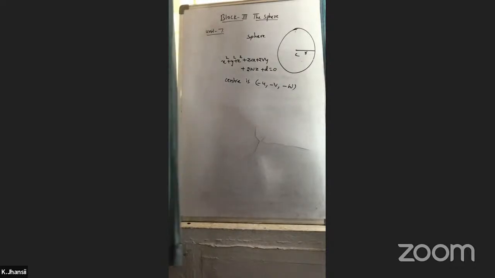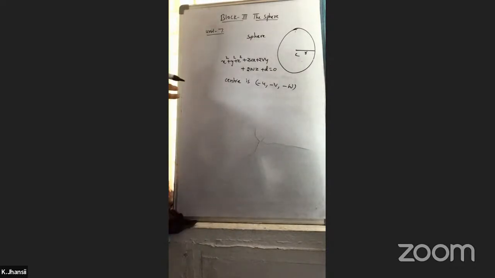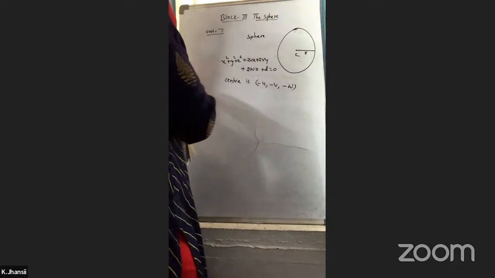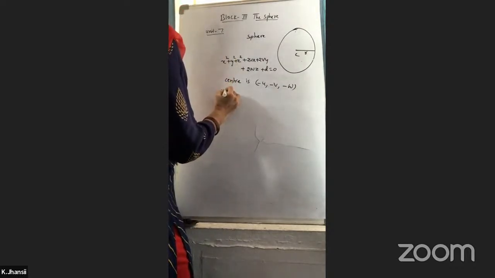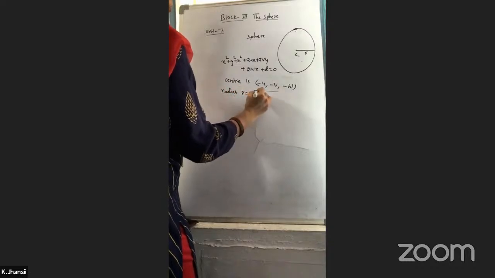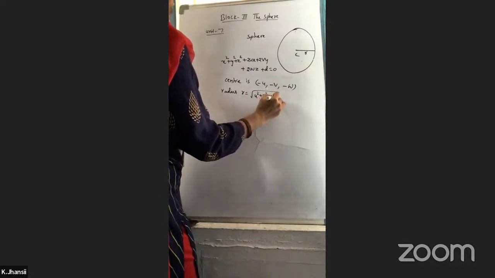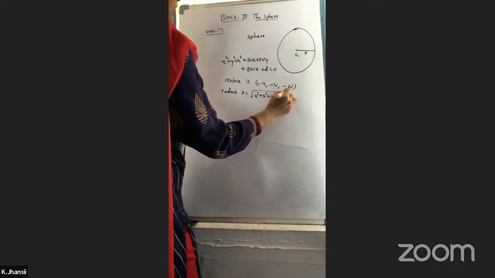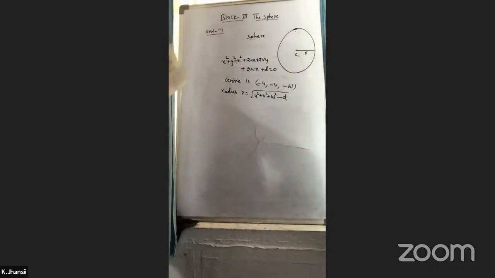And the radius r is equal to the square root of u square plus v square plus w square minus d. This is the radius.